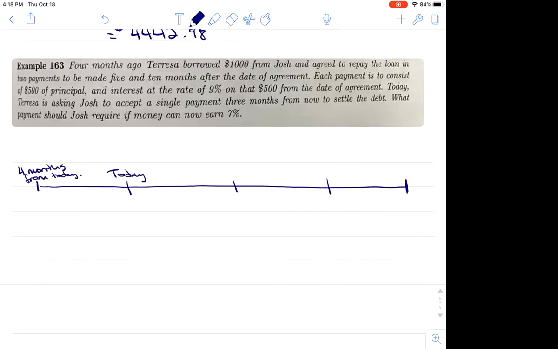Because we know that the first payment wasn't supposed to be until 5 months from the agreement date. So I suspect that the 5 months is going to be the next tick, so that's why I'm going to write it up here. 5 months from agreement date.